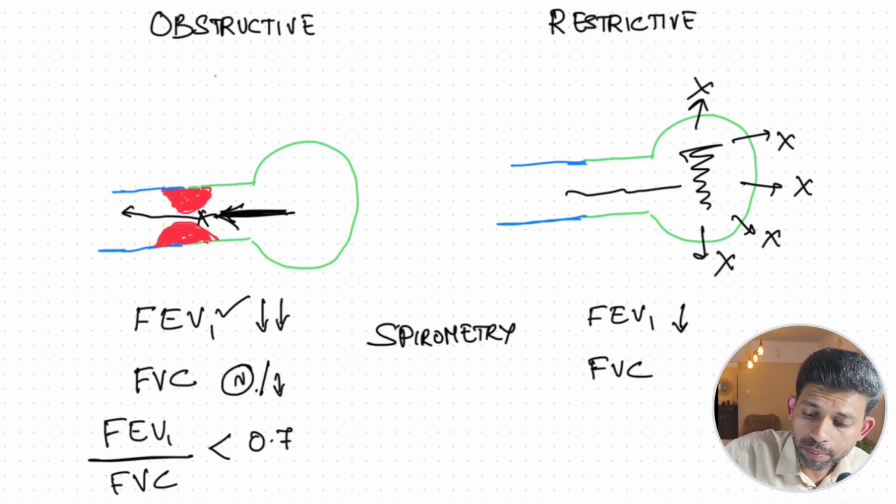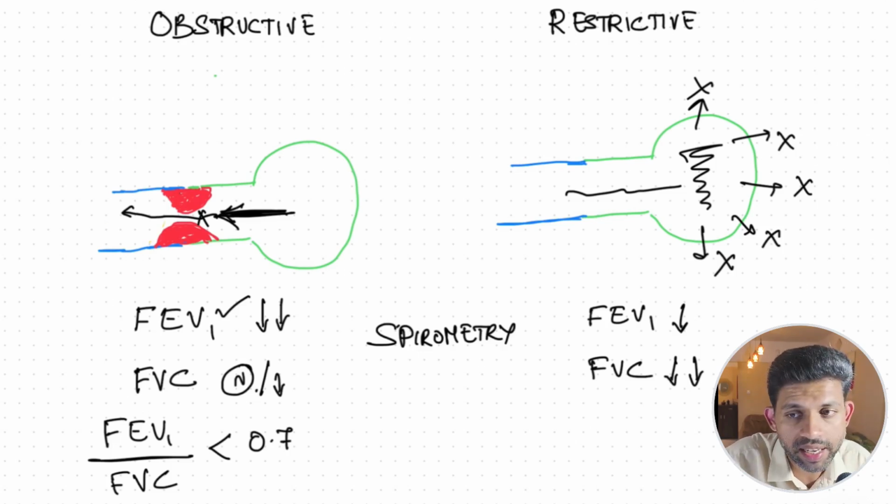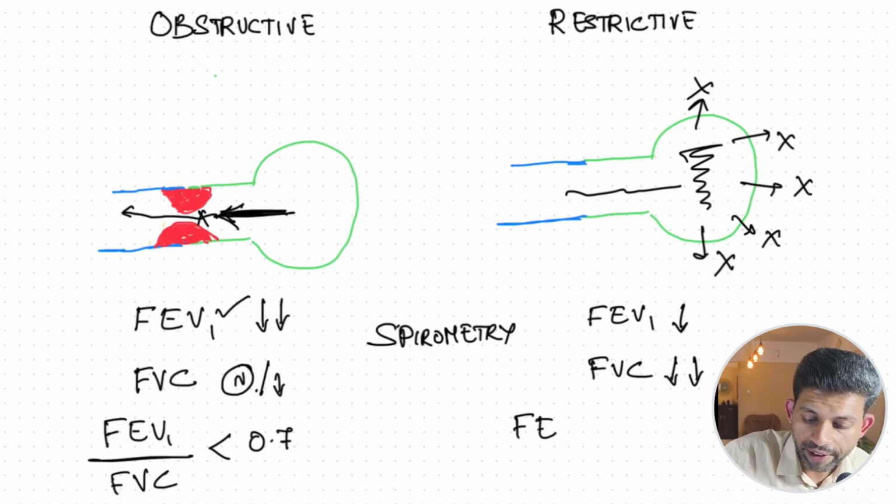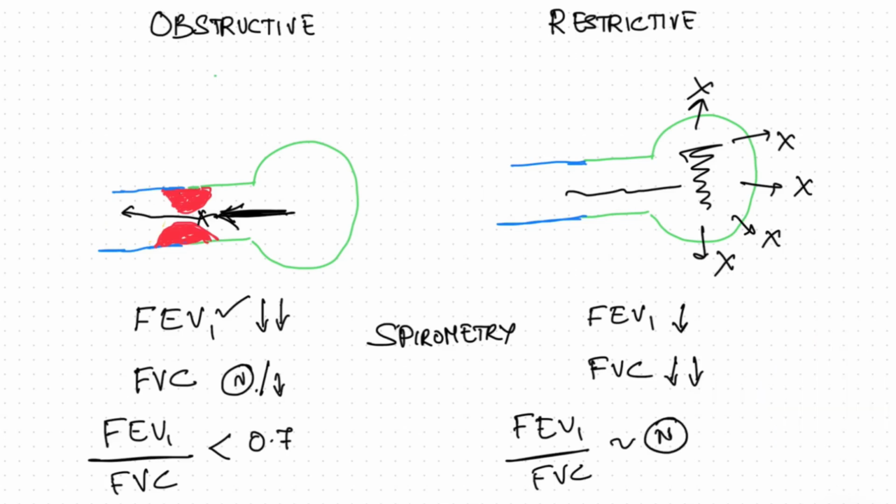And forced vital capacity definitely drops because there is less air. So, FEV1 by FVC is more or less normal, or in some cases it may be increased.